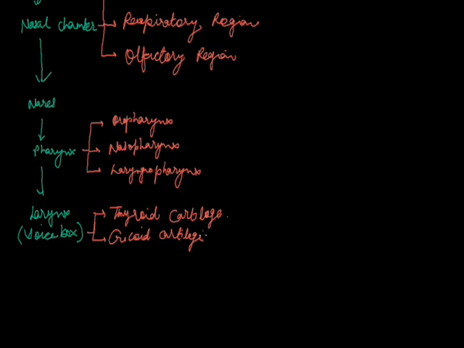It is a signet ring-shaped structure. The third one is the arytenoid cartilage. This is present in two numbers, or in pair form, and it is a pyramid-shaped structure.